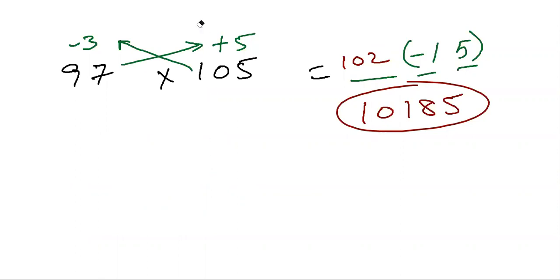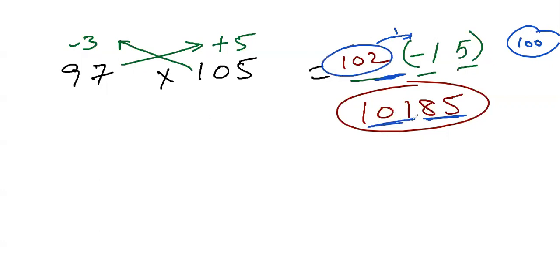I hope all of you are aware of subtractions. From 102, one value we are borrowing. This one is treated as 100 because from the hundreds place you are taking one value. 100 minus 15 is what? 85. You have already taken one from 102, then 101 is remaining.